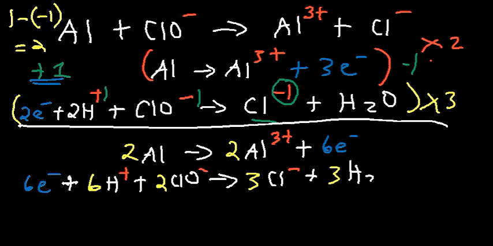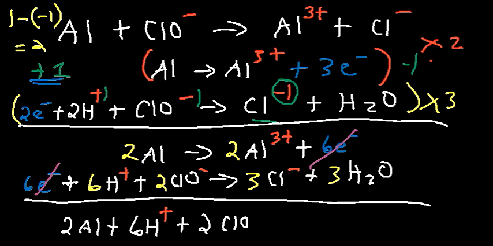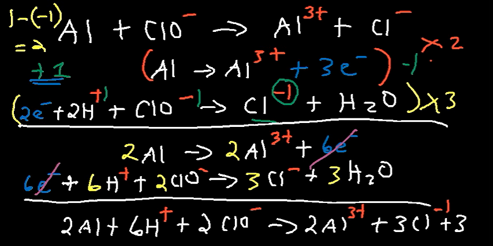Now we can add these two half reactions. The number of electrons will cancel. So we get 2 Al plus 6 H plus and 2 hypochlorite ions, and that turns into 2 Al3 plus, 3 chloride ions, and 3 H2O molecules.